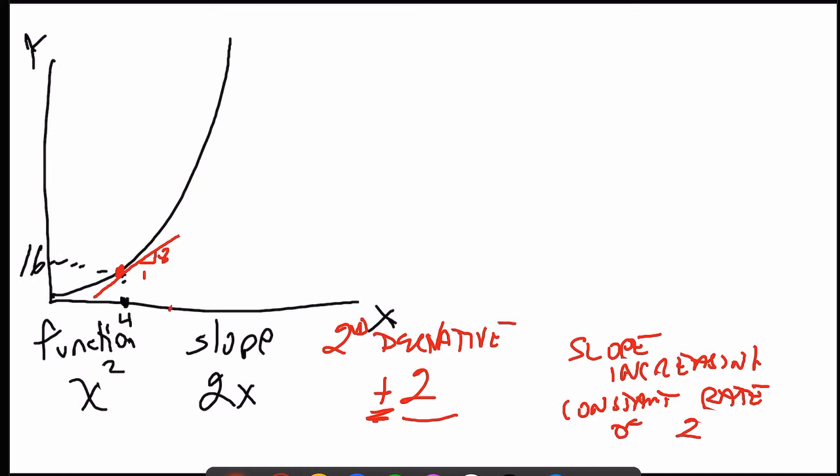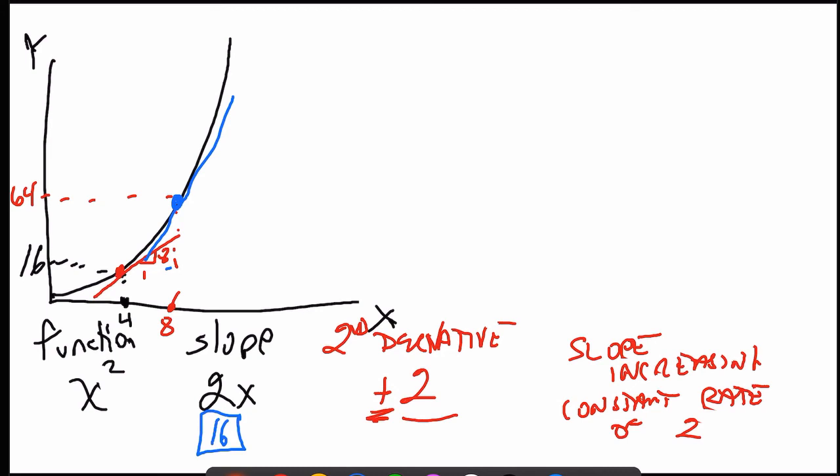So if I go out to 8, this line would be at 64, and the slope at 8 would be 16. The slope here was 8.